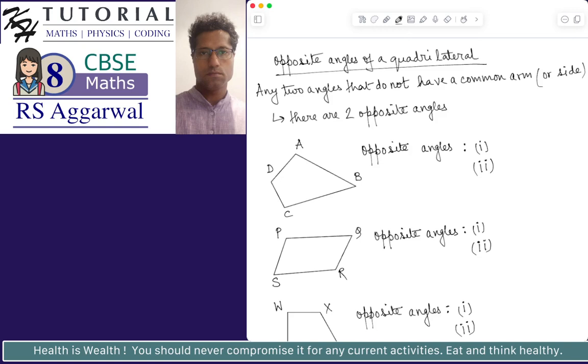So this interior angle will be named after the vertex A, since the common point of the arms of this angle is A.